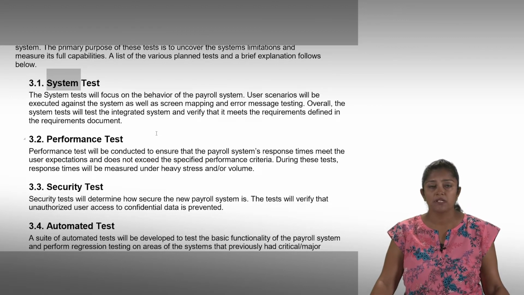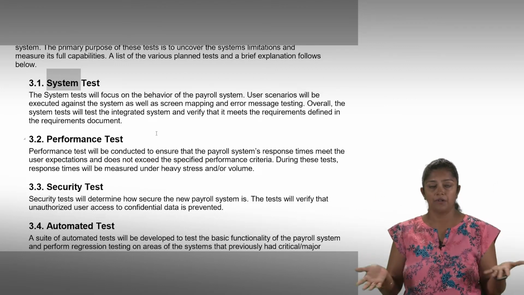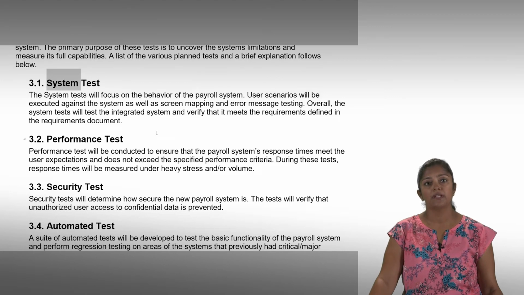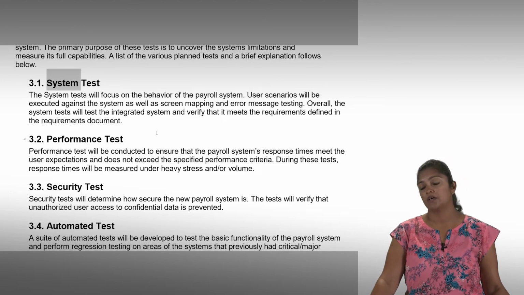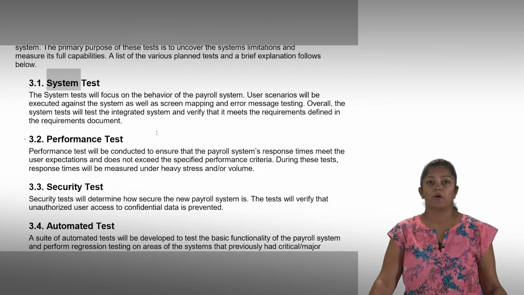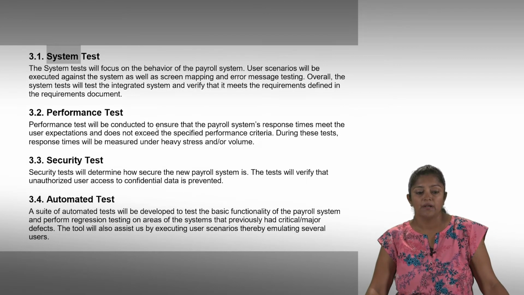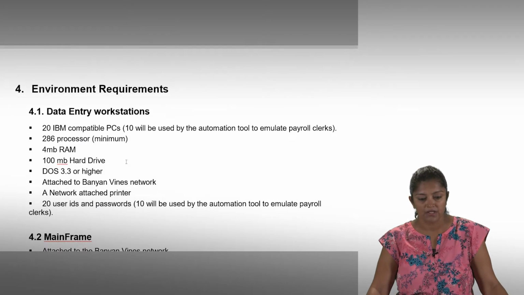Typically a system testing is black box testing, wherein you're testing the overall unit as a black box. So various test cases have to be written, and then how is it going to be done? Is it being done manually? Are some tools going to be used to do it and automate it? So those details will have to be specified under each of these sections as part of the test strategy.